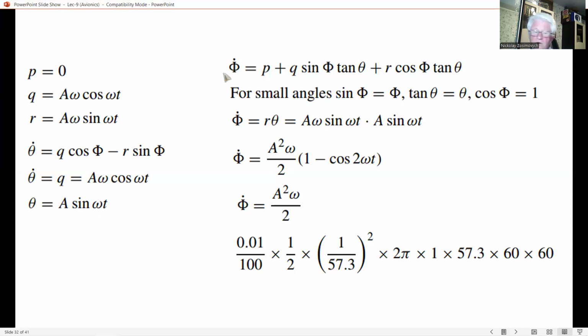And referring to the equation for φ dot, equals P plus sin φ tan θ Q plus cos φ tan θ R, theta.